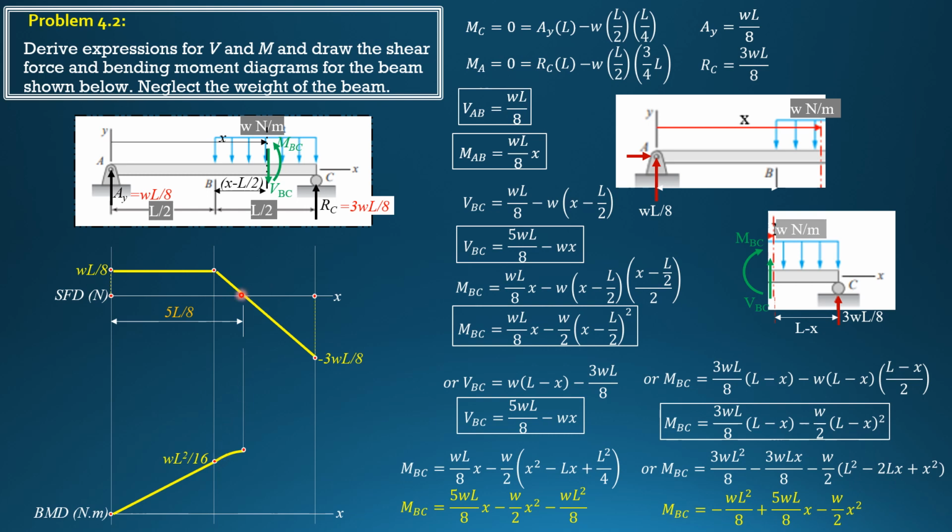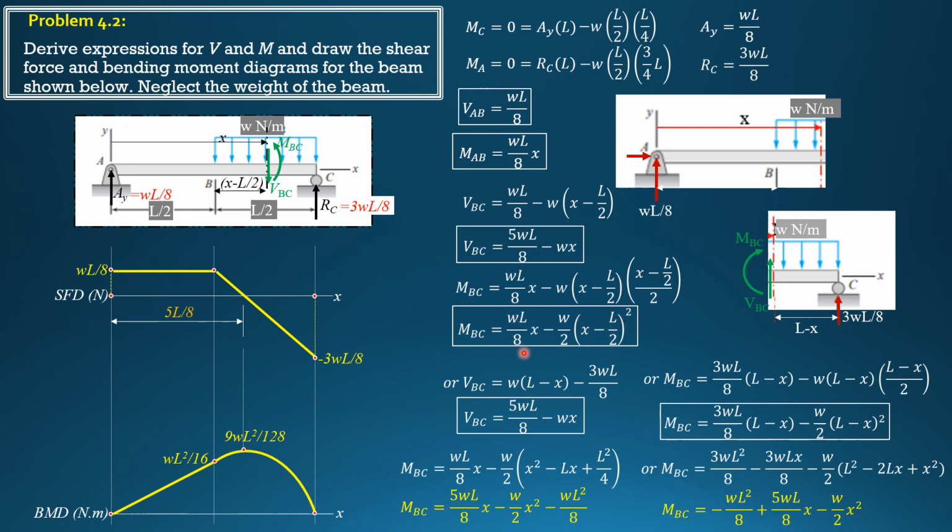When shear is 0, the slope of this line is 0. Remember the definition. When shear is 0, the slope of the tangent here is 0, horizontal. That's why that's the maximum. Then this time substitute X is L: WL over 8 times L, WL square over 8, minus W over 2 times L minus L over 2, so that's L over 2 squared.